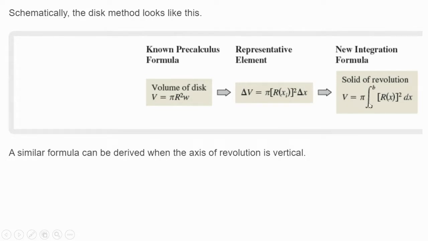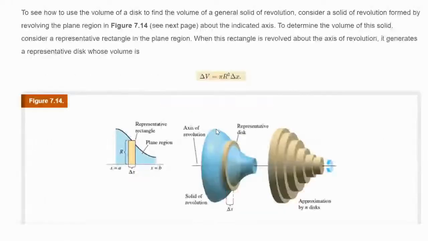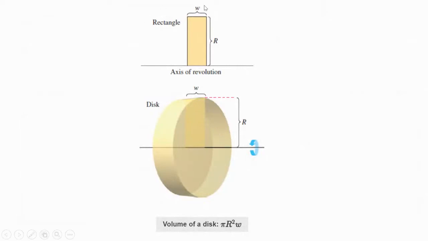So the volume is equal to pi times the integral from a to b, and we'll talk about where a and b come from, of capital R of x whole squared dx.